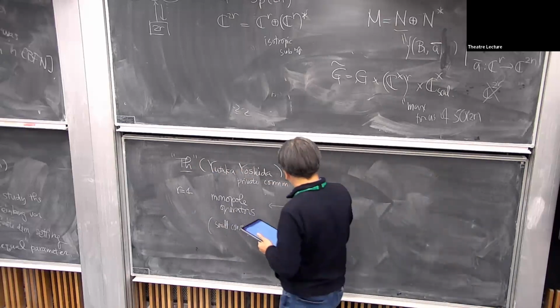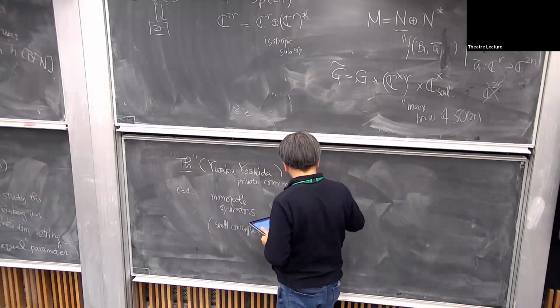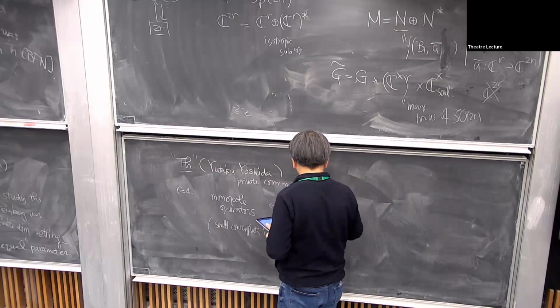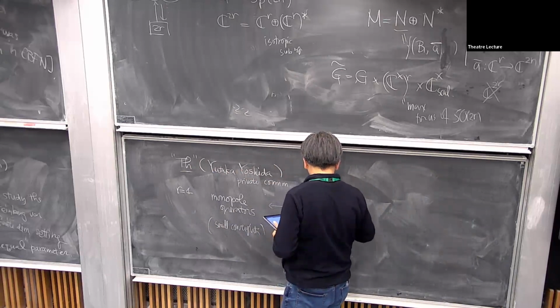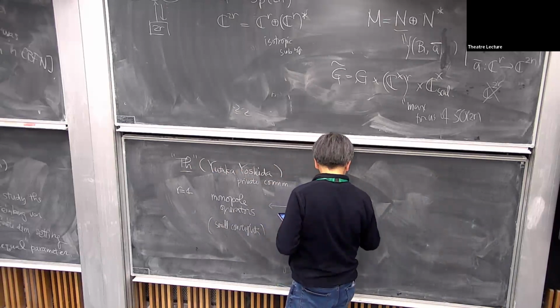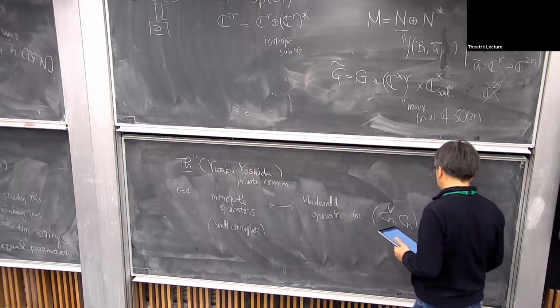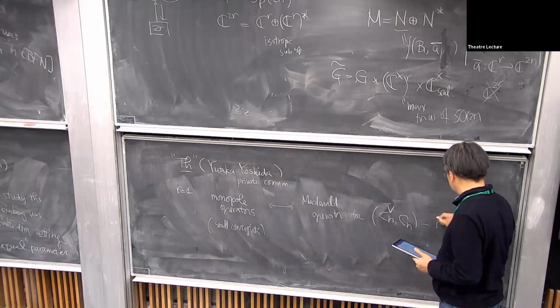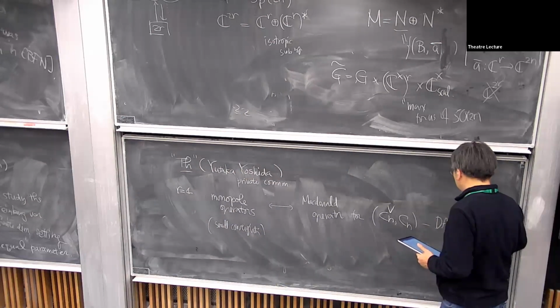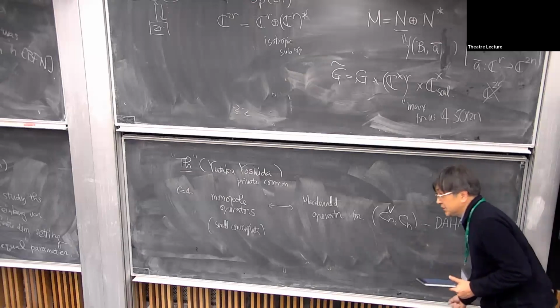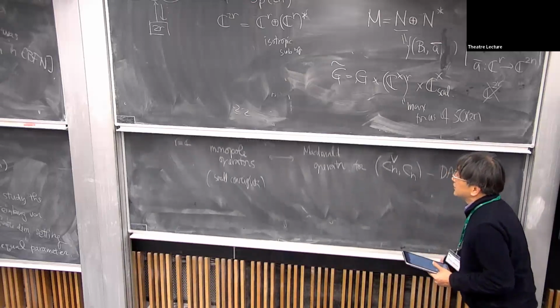And he identified this with the Macdonald operator. Maybe only the first. Again, I'm not sure this is the correct notation. But anyway, I don't explain what is here. Check here. So it's explained.